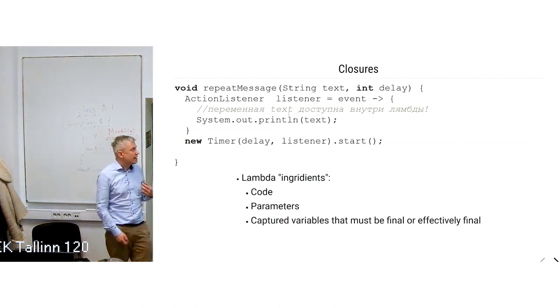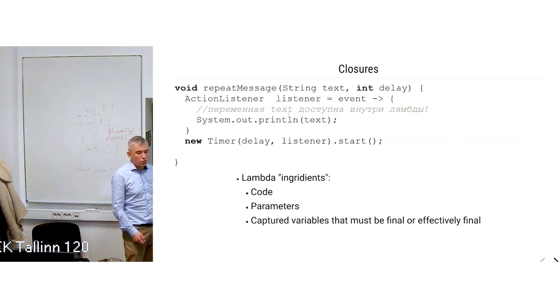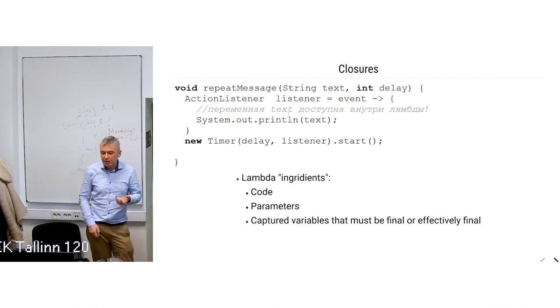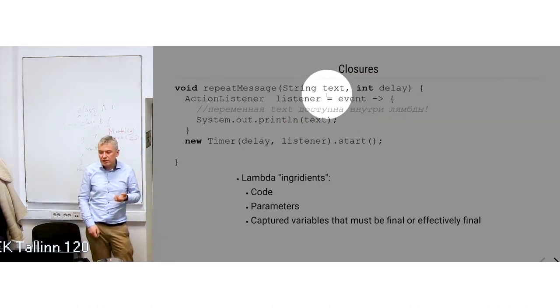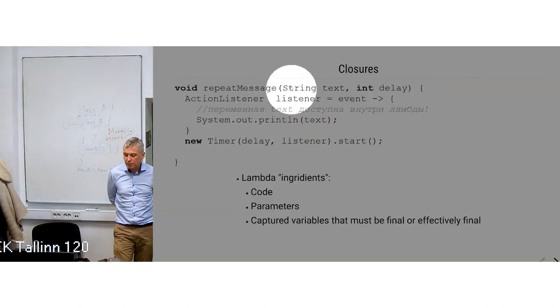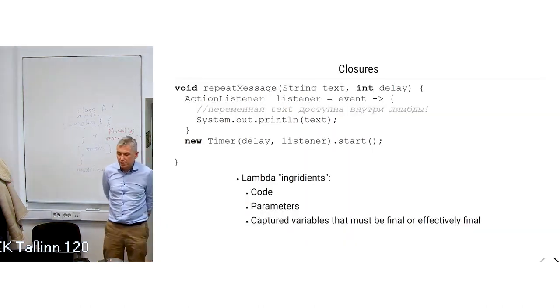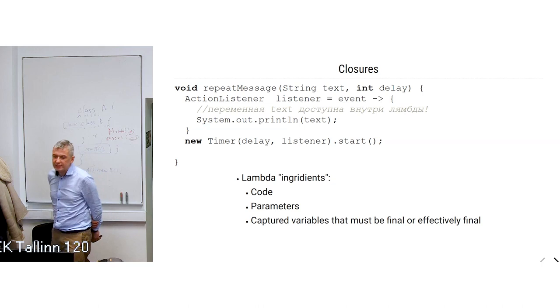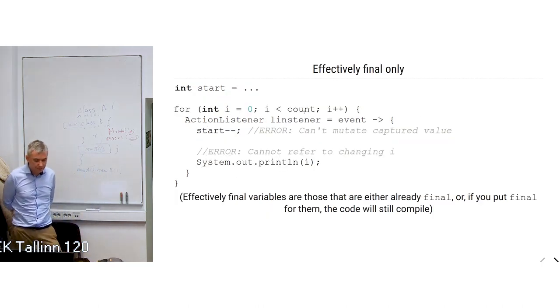It also contained all the closures, all the captured variables that are needed for this lambda to be executed. Thus, it just took this text and memorized it inside some invisible field under the hood, and this text can be used. And this implies some restrictions on variables that can be used in lambdas.